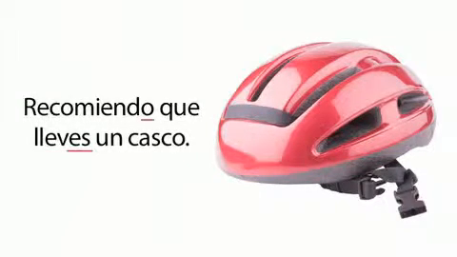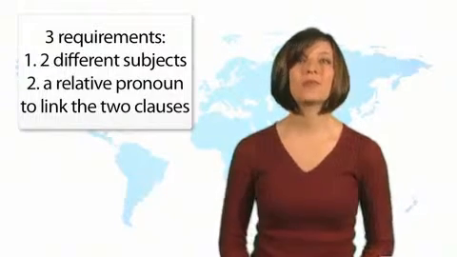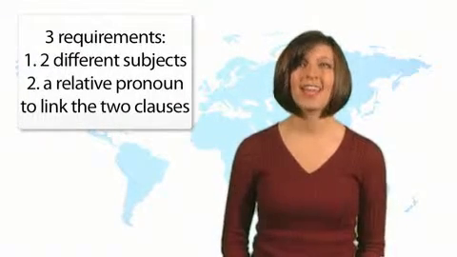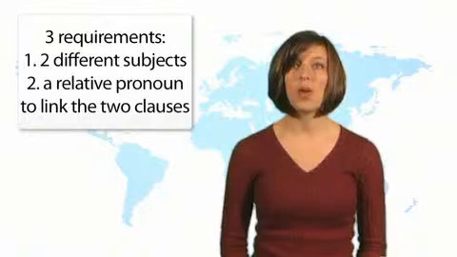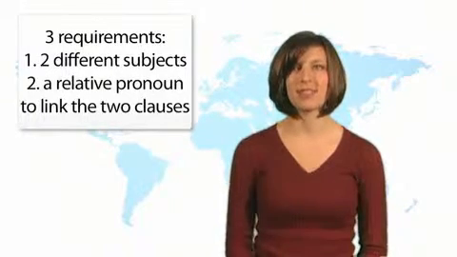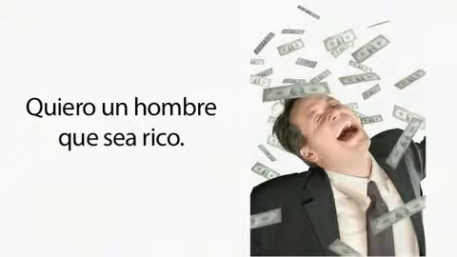I and you. Next, there will be a relative pronoun like que, quien, or como, which links the two clauses. We have used que many times so far, but it is important to recognize and use the other relative pronouns as well. Quiero un hombre que sea rico. I want a man who is rich.